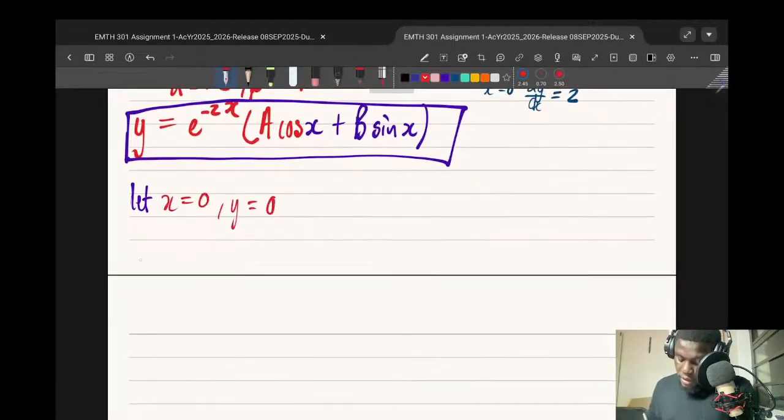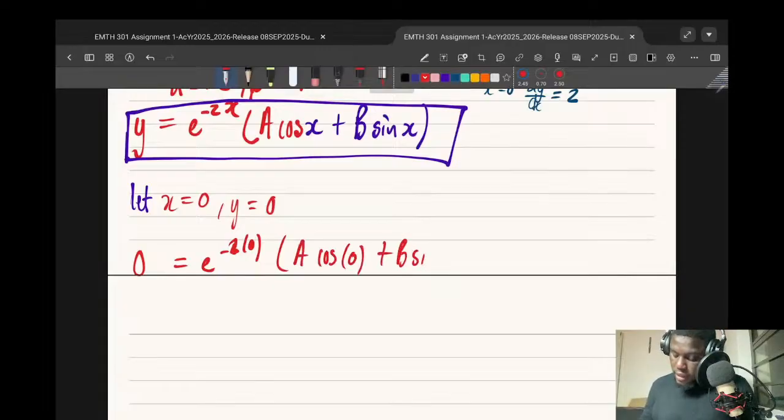So you end up having 0 is equal to e to the negative 2 by 0 multiplying a cos 0 plus b sine 0.